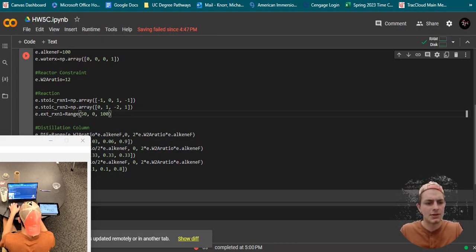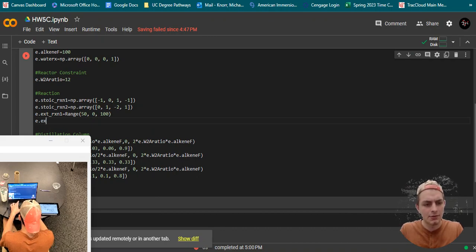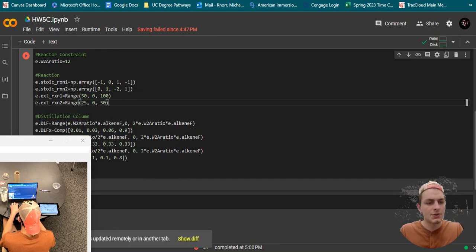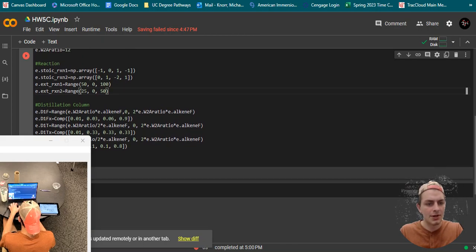Yeah, something like that. And then for the second one, we said we thought it was less common, potentially, which means that we gave it an initial guess of 25, and we said it could go from 0 to 50. And so those are all of our reaction equations.